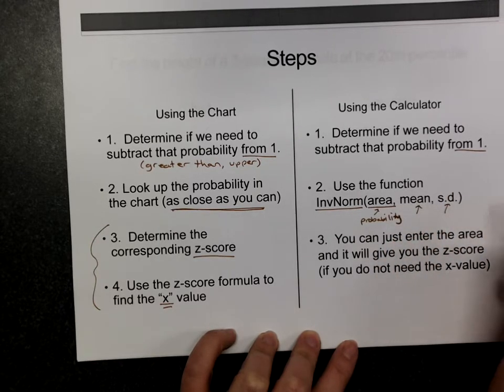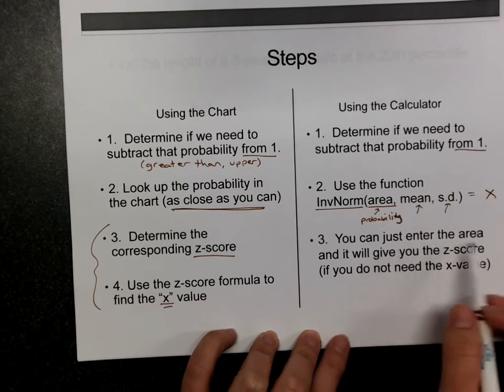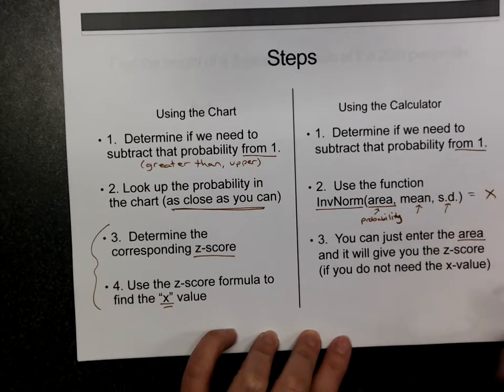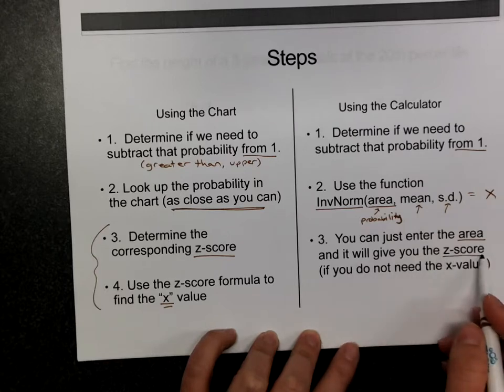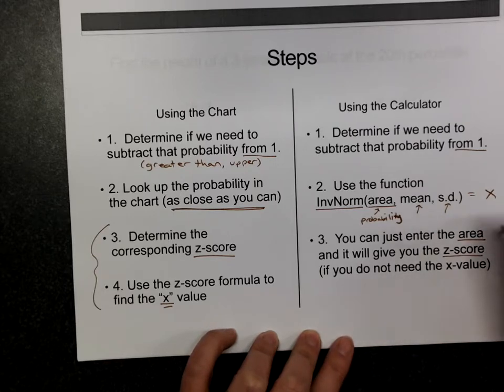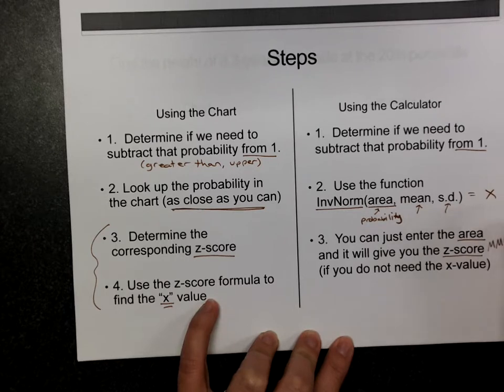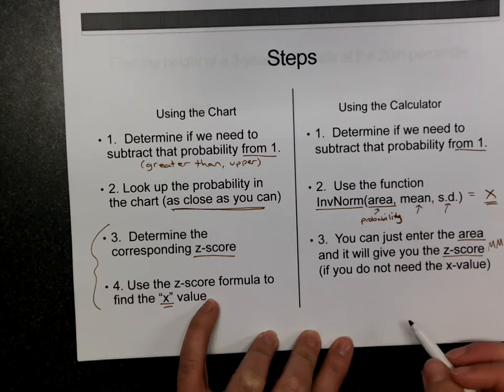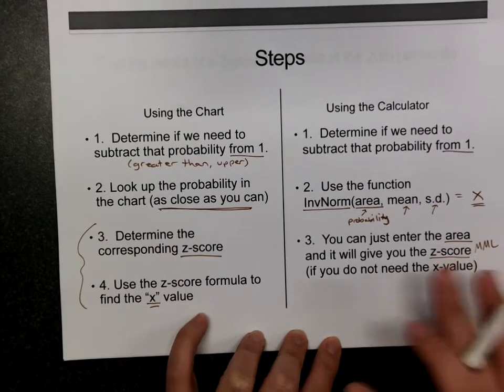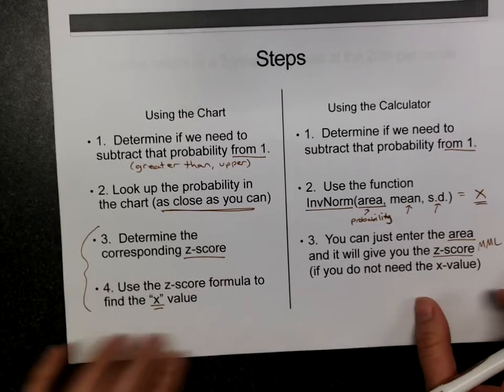That will just spit out the x value. Otherwise, you can just enter the area, or the probability, and it will give you the z-score. So sometimes the MyMathLab will want the z-score, sometimes it will want the x value. So we'll look at both ways and see how they work.